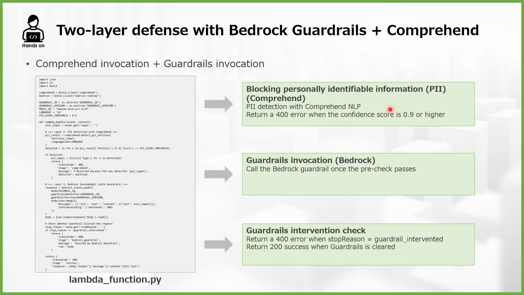Once the Comprehend pre-check passes, the Bedrock guardrail is invoked, and if there is a guardrail intervention, we return an error. If it clears the guardrail, we return the success status code.